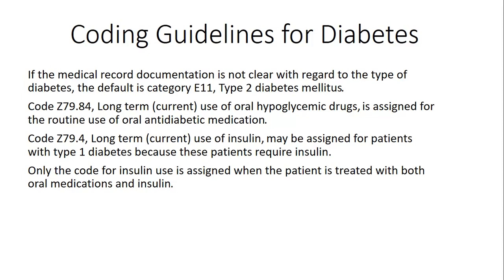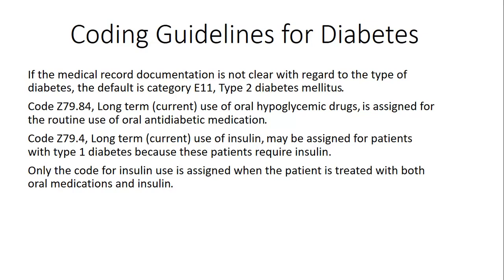So periodically they need insulin for controlling the diabetes. Only the code for insulin use is assigned when the patient is treated with both oral medication and insulin. So if both oral medication and insulin are given, you have to give only the long-term insulin code, that is Z79.4.